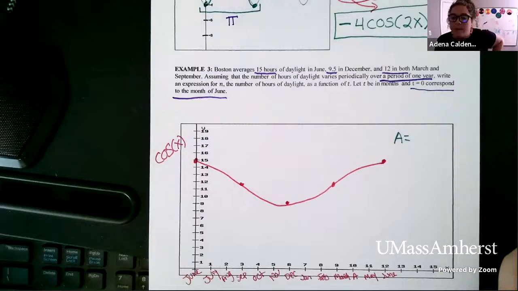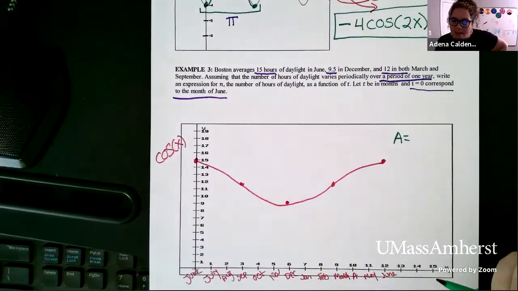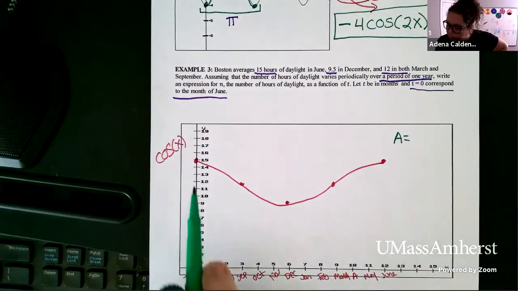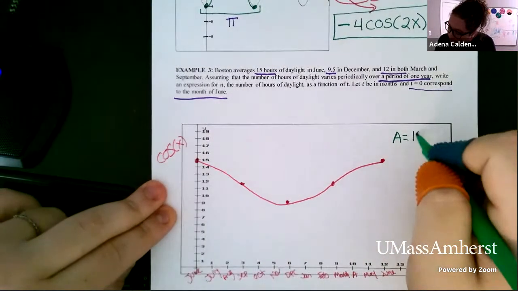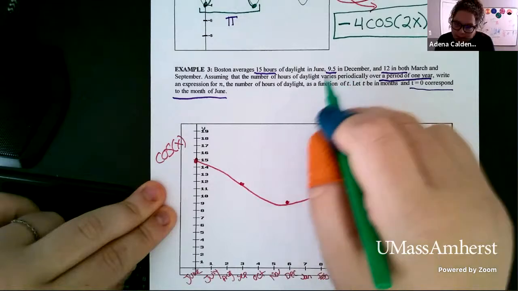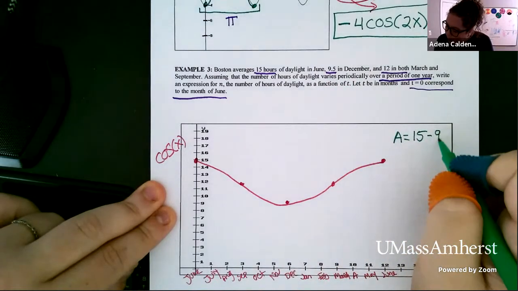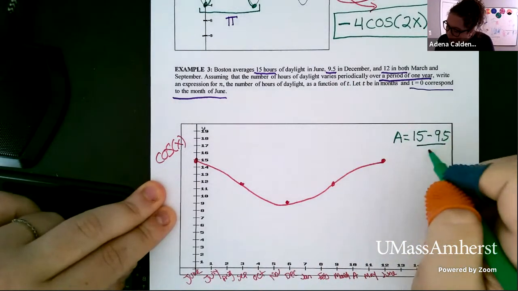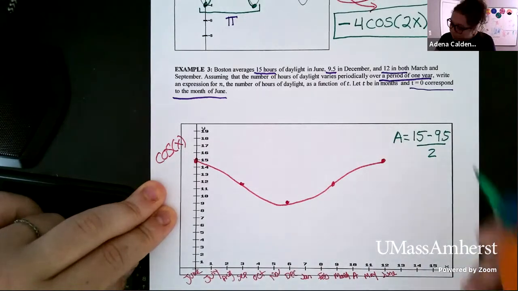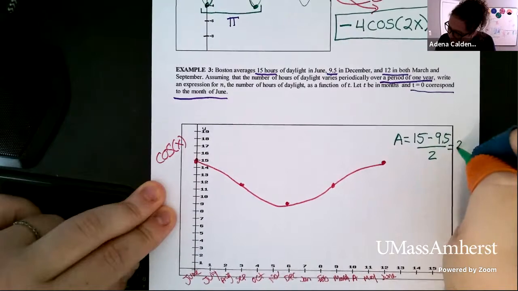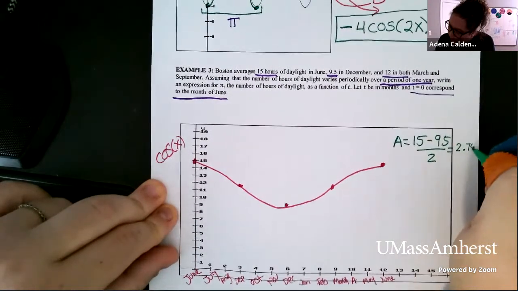So the amplitude is going to be the maximum value minus the minimum value, divided by 2. I can see from my graph that my maximum value was 15, or of course I can get it from up here. My minimum value is 9.5, divided by 2. So if I do out that calculation, I get 2.75.